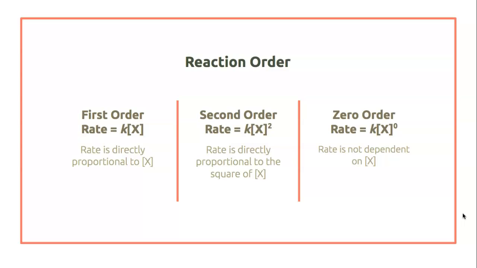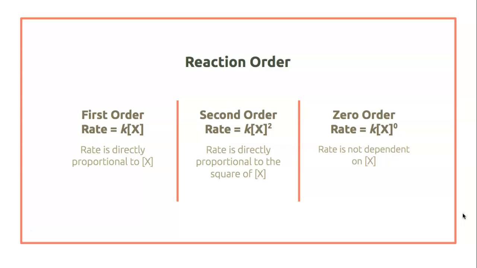And one thing to note between first and second order that can often be confusing: as I said, you're often going to be working with a set of data when you're calculating rates and looking for orders. If you have a reactant whose concentration doubles, and you see a doubling in the rate, that does not mean that it is a second order reaction.